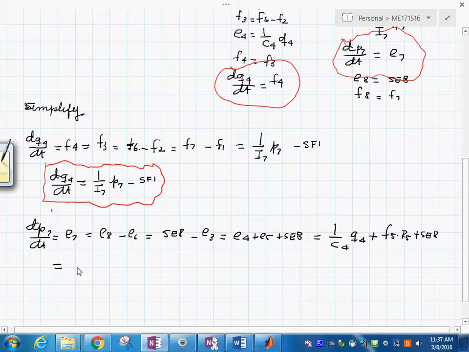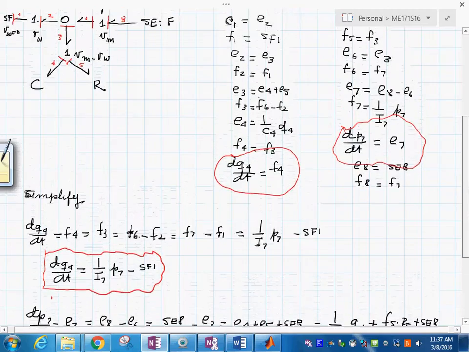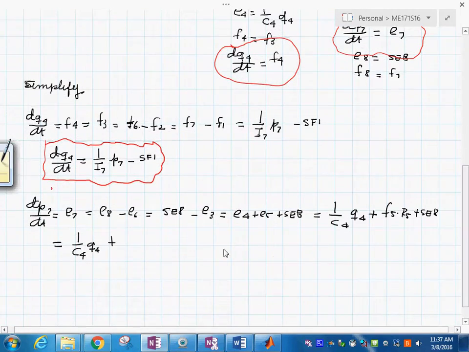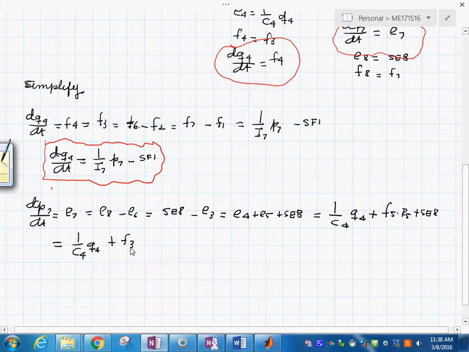F sub 3 is F6 minus F2, and what is F sub 6? It is F7 minus F1, and F7 is 1 over I sub 7 P sub 7 minus SF1, right? Yes, because F1 is SF1, and F7 is 1 over I7 P sub 7.